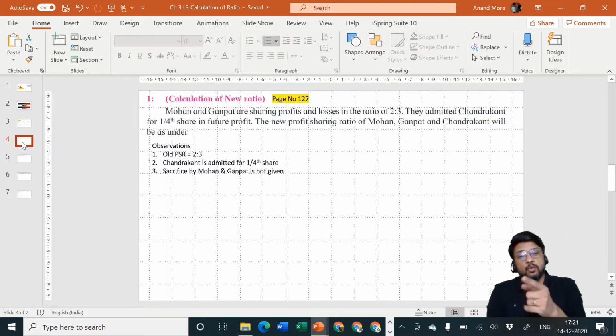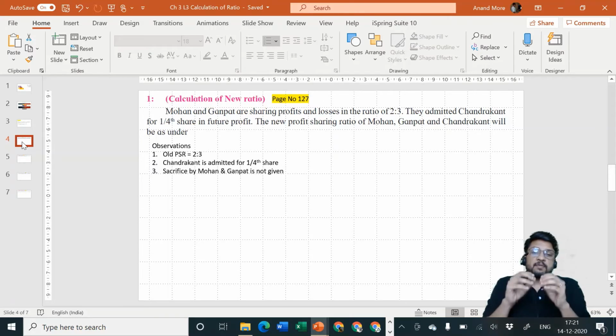So when old profit sharing ratio is given, new partner's share is given, but who has sacrificed for new partner's share is not given, in that case we will assume that the old partners have sacrificed in their old ratio for the purpose of the new partner. Okay, so this is an important rule I am writing now. So that rule is coming here.